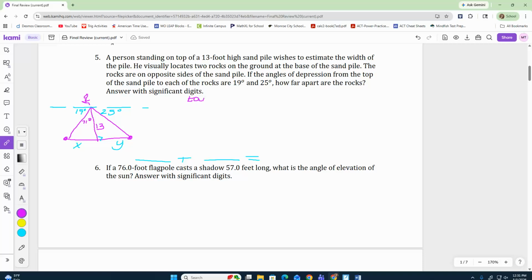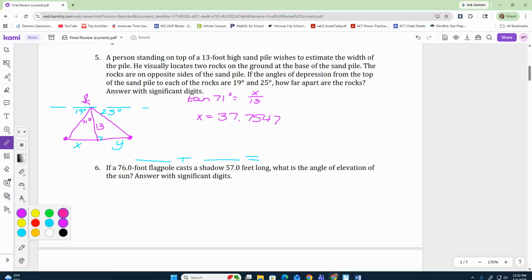So I could say the tangent of 71 degrees equals my opposite side x over my adjacent side, 13. You multiply over your 13. Make sure you are in degree mode. So we get 37.7547.